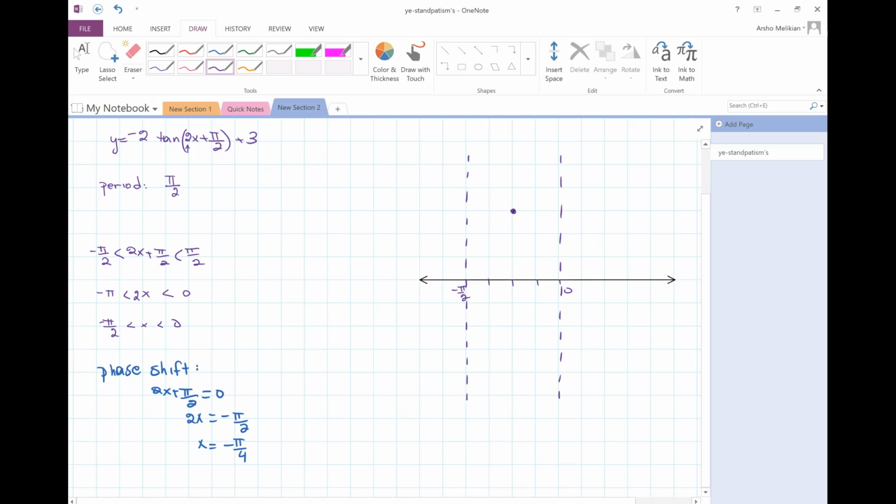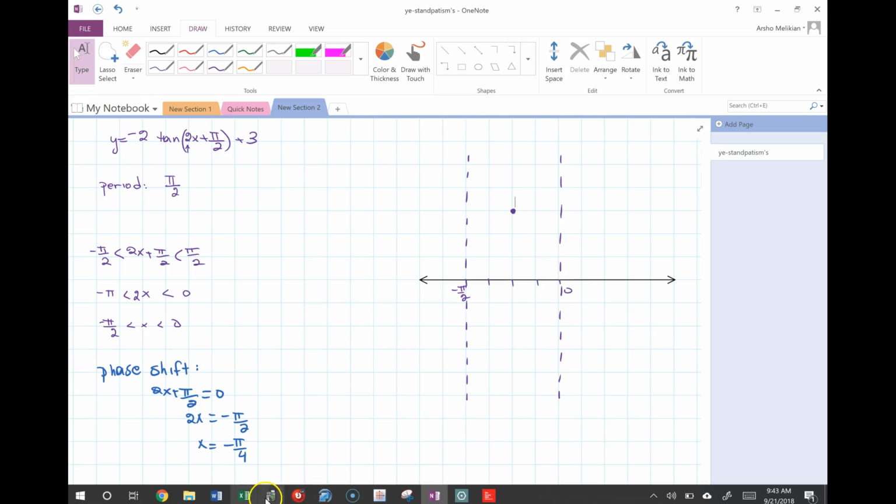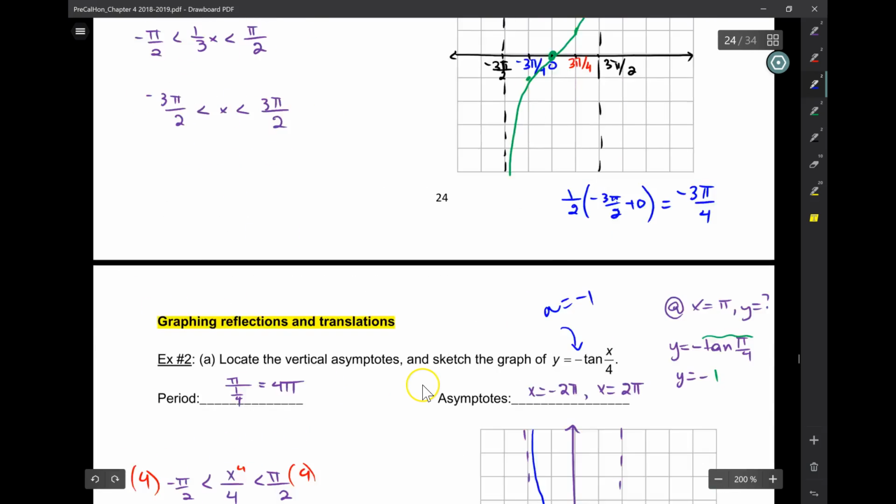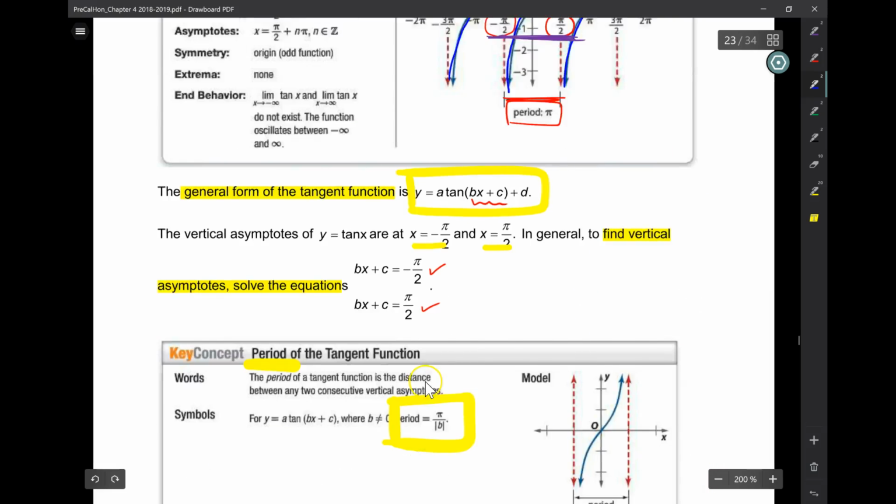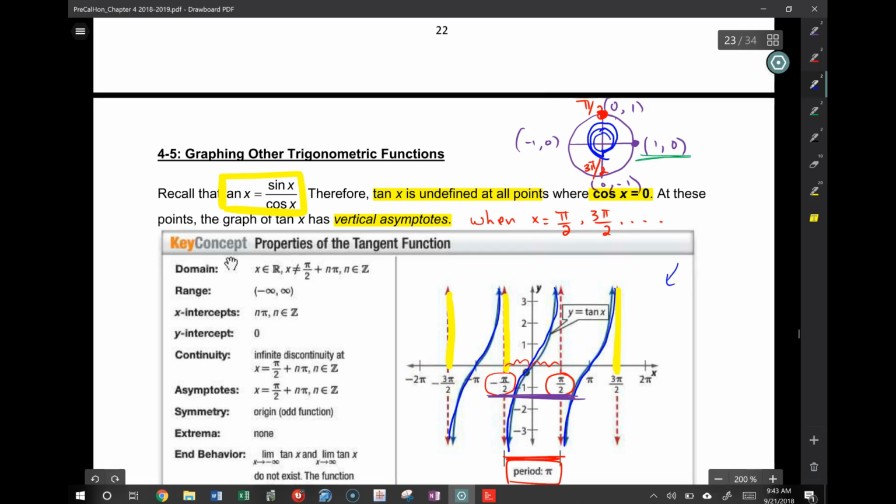Now, normally for the tangent, it goes up to the right. Why? Because this region from 0 to pi over 2, that corresponds to the first quadrant again. So it's going to be positive on the right and negative on the left.